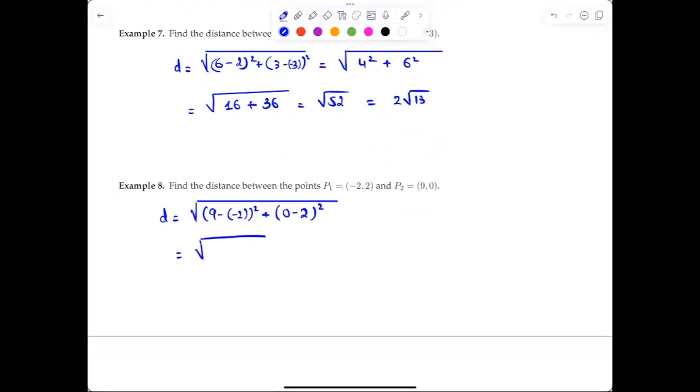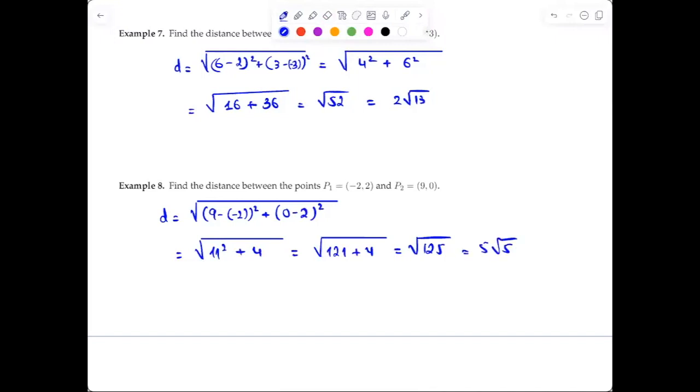So you got square root of 11 square plus 4. 11 square is 121 plus 4 is square root of 125. 125 is 25 times 5. Okay. So this is 5 times square root 5. Good.